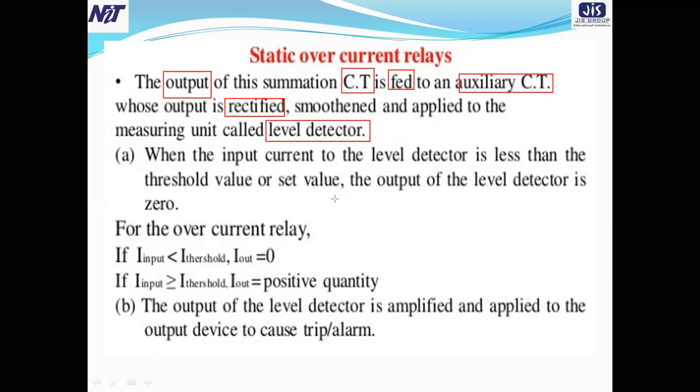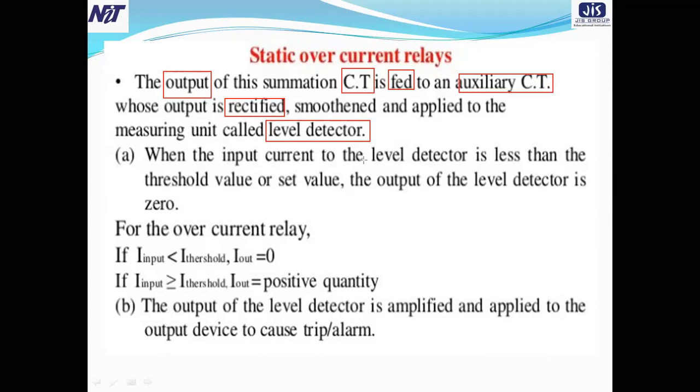When the input current to the level detector is less than the threshold value or set value, the output of the level detector is zero. You have to remember this very important property of a static overcurrent relay. This is a very important MCQ also. Please try to remember it, otherwise it will be difficult for you to answer short type questions. It is also important for interview questions.